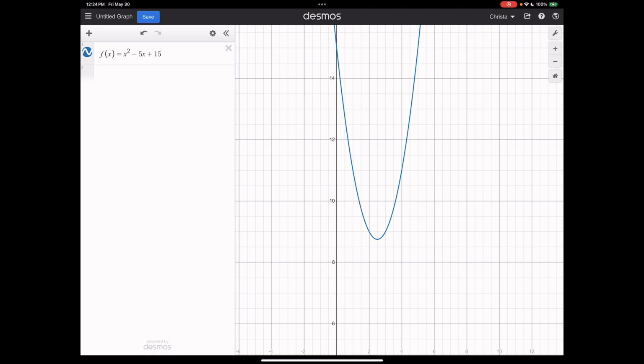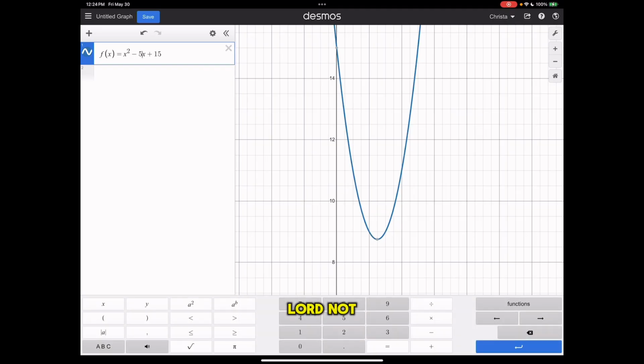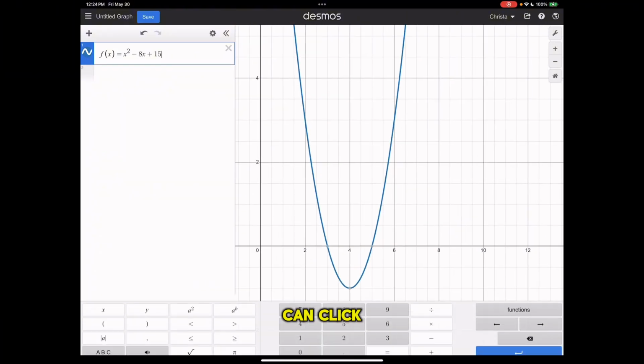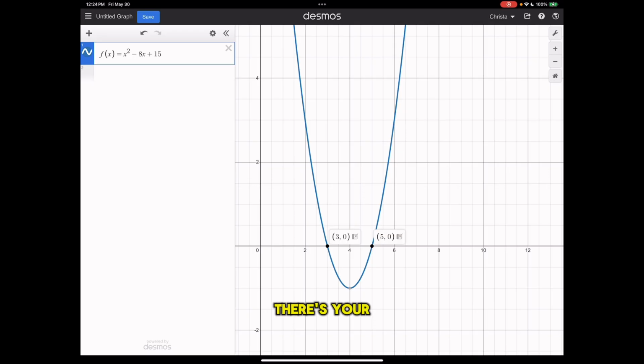No, that's 8x, not 5x. But if you zoom in, well, you can click. There's your solutions right there. So Desmos is a wonderful way of checking to make sure that you did your factors correctly and that you solved correctly.